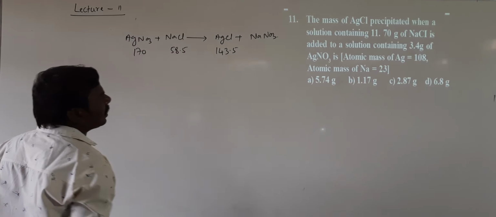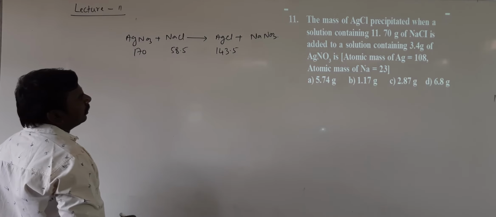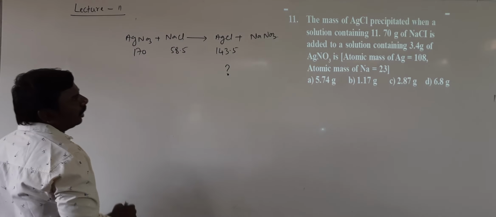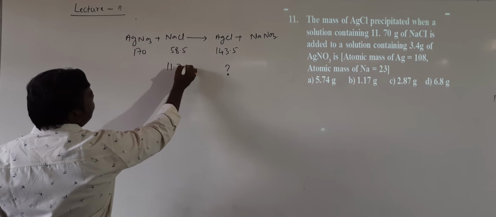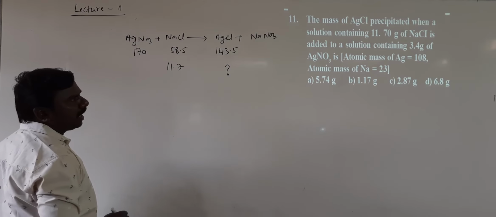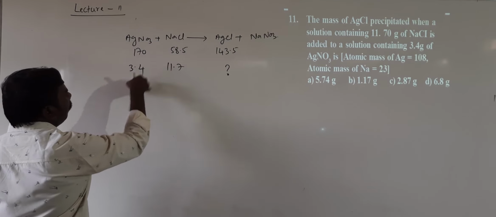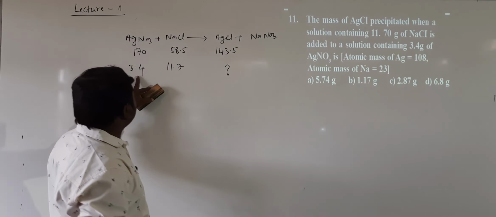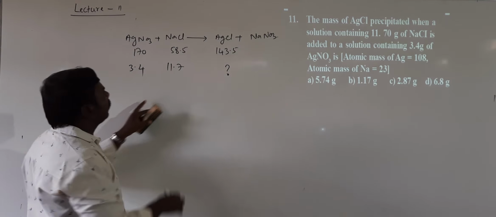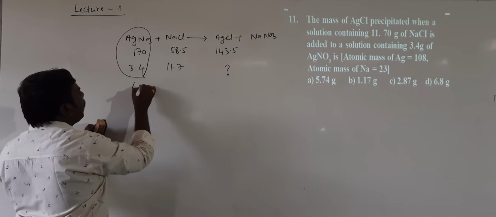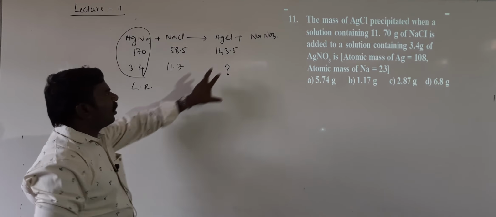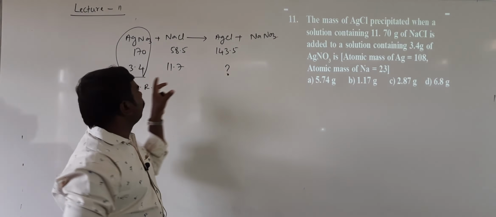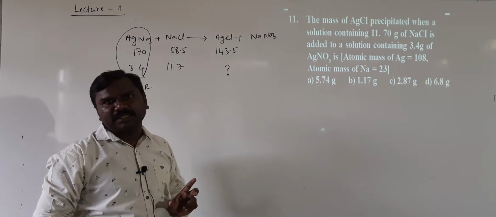So, in the question itself they gave that. The mass of AgCl precipitated equal to how much? If 11.70 grams of NaCl is added to 3.4 grams of AgNO3, this is a small amount when compared with that, obviously it is the limiting reagent. So, the product formation depends only upon the limiting reagent, but not on the excess reagent, clear?